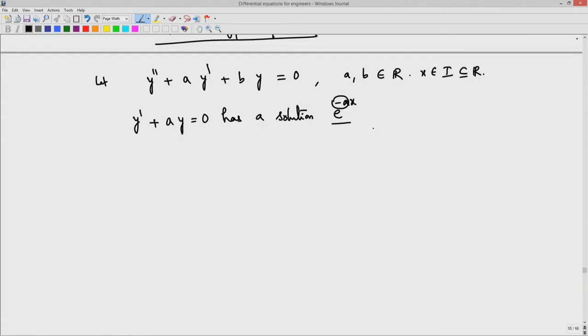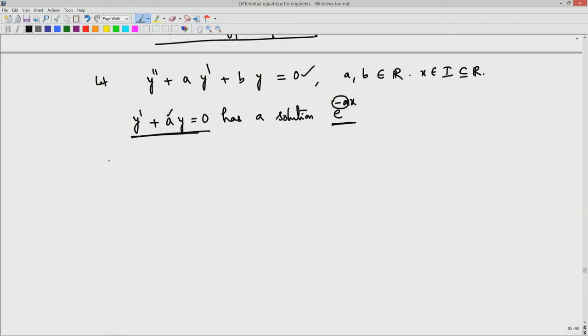So, we look for the same way. Having known that the first order linear ODE with constant coefficient a has exponential solutions, this gives us a hint to imagine that the second order equation also will have such solutions.